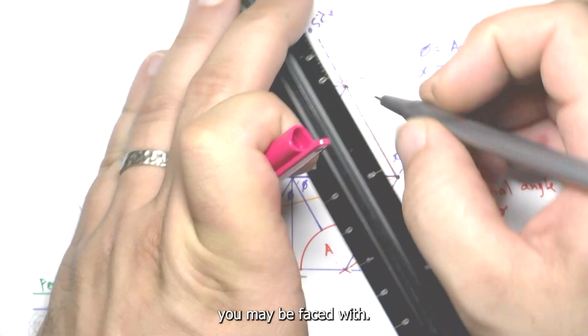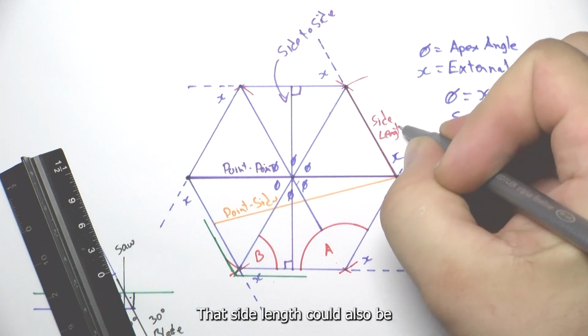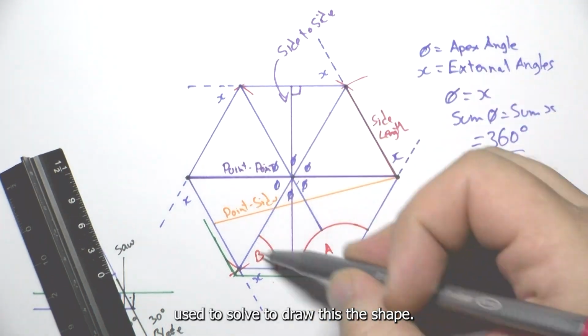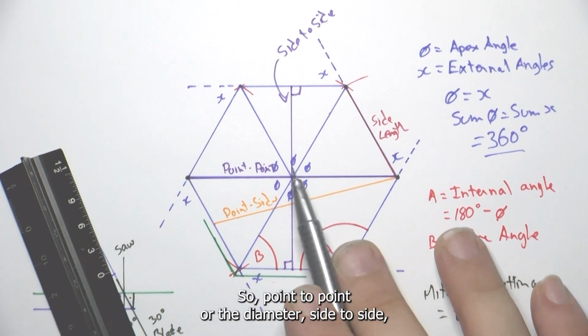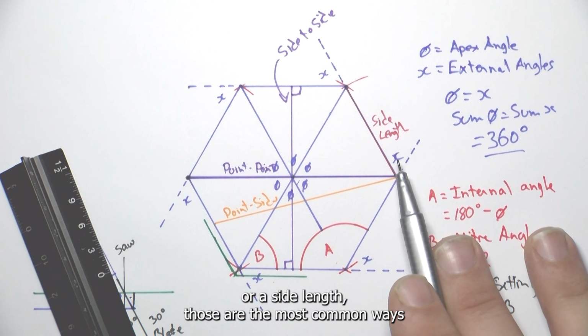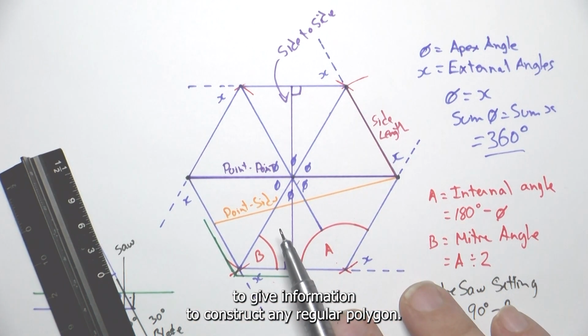Or problem you may be faced with, right? And that side length could also be used to draw this shape. So point to point, or the diameter, a side to side, or a side length. Those are the most common ways to give information to construct any regular polygon.